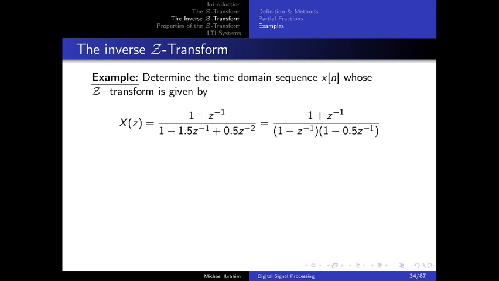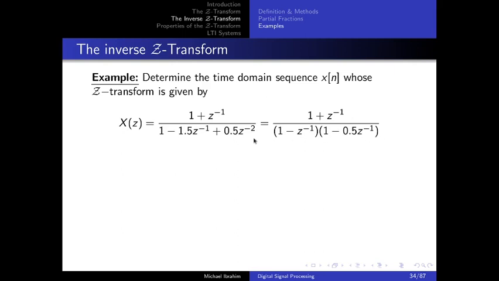So doing the partial fraction, we need to expand or factor the denominator into first order terms like this one. It can be easily seen that this quadratic term can be expanded as 1 minus z to the minus 1, times 1 minus half z to the minus 1.